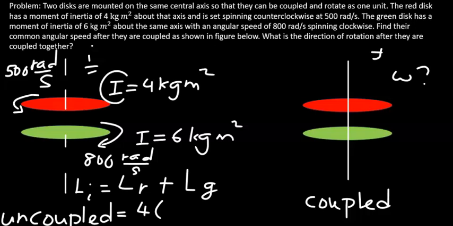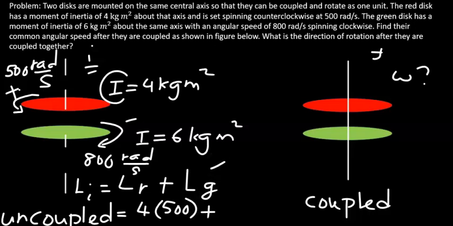Now, if we take the counterclockwise direction to be positive, then the clockwise direction, as viewed from the top, has got to be negative. So 500 can be taken to be positive, 500 radian/second.